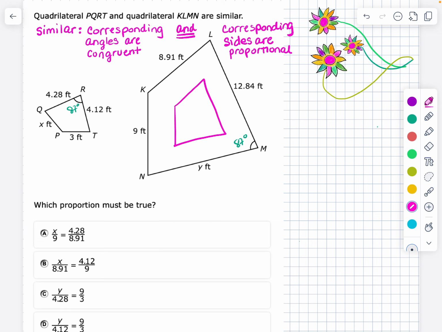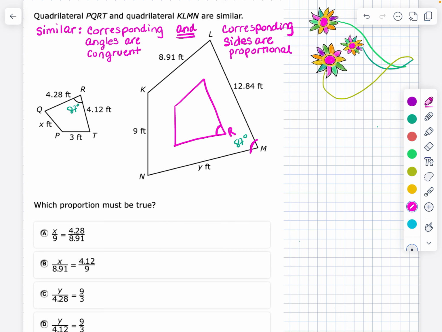All right. So this angle corresponds to this angle, so that means it's also measured 87 degrees, and it is R. Okay. And then I'm going to go around this in a clockwise direction, and I'm going to label each of my angles.